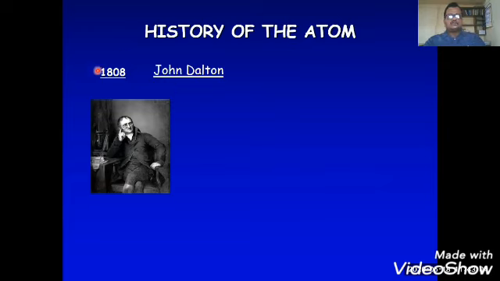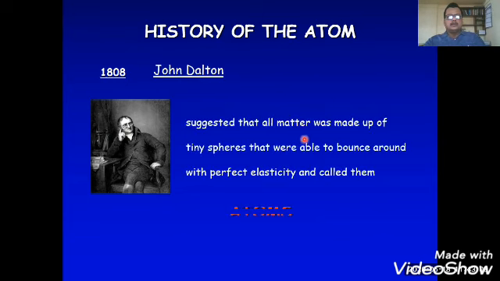In 1808, John Dalton suggested that matter was made up of tiny spheres that were able to bounce around with perfect elasticity, and called them atoms.